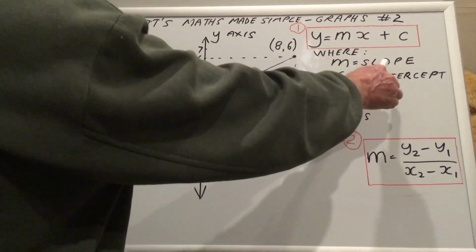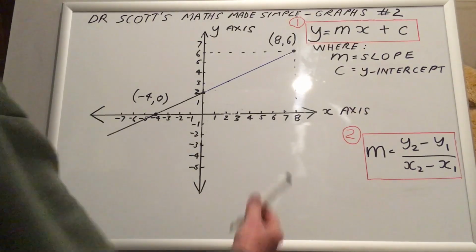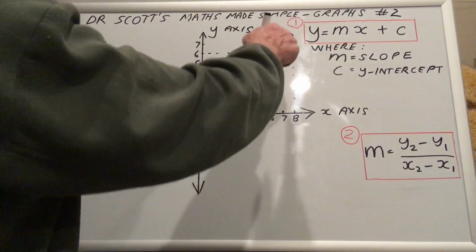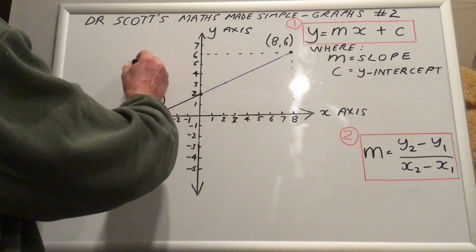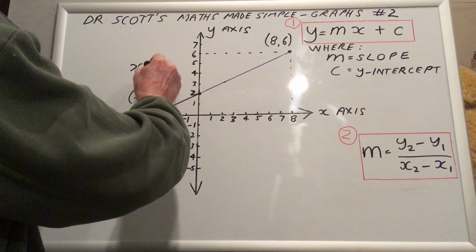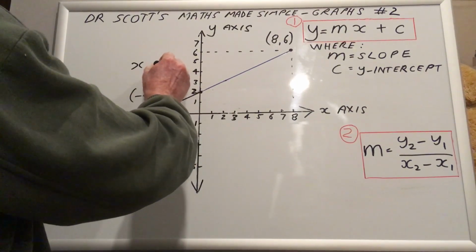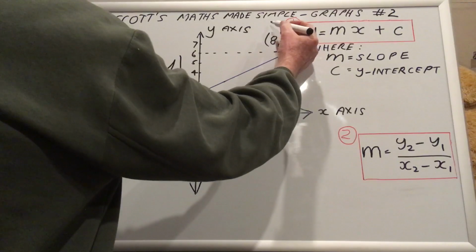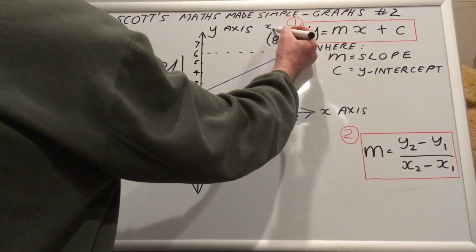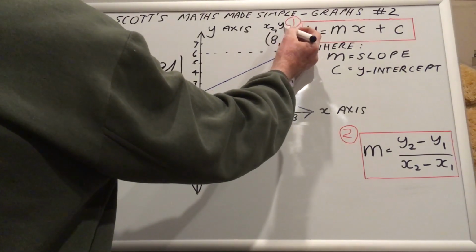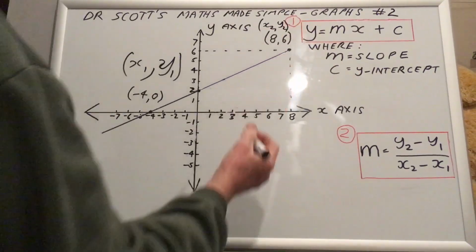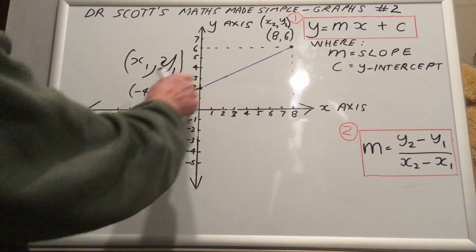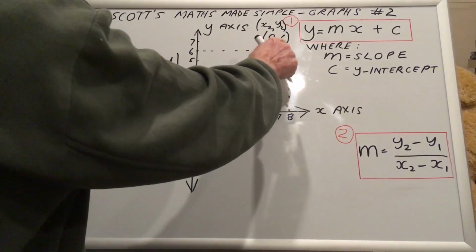Remember, m equals slope, c equals y-intercept. So we've got an x and a y, and we've got another x and a y. This is x1, y1, and this is x2, y2.